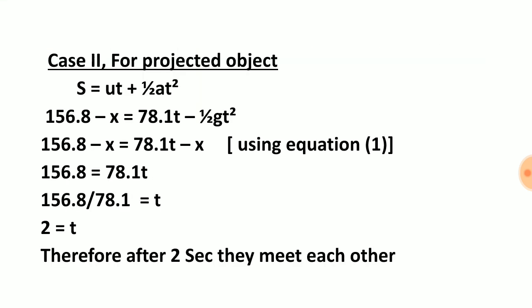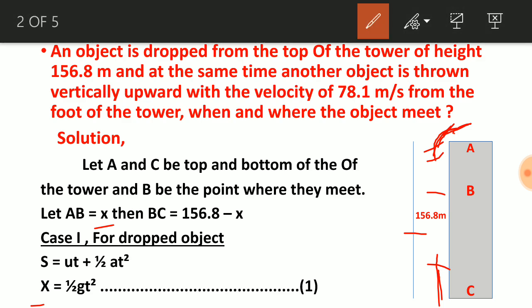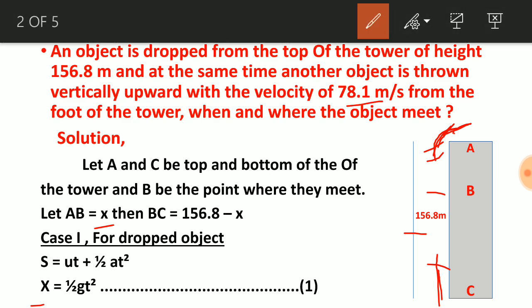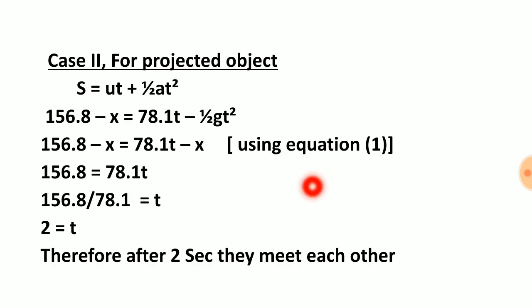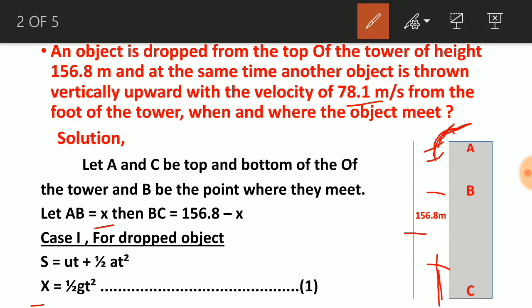Now let us see the projected body. When we project the body upward, our initial velocity is 78.1 meter per second. With that velocity we project the body up, so our formula will be the same, s equals ut plus half at square, but the distance traveled by the projected body will be 156.8 minus x, because x is the distance traveled by the body from the top, and 156.8 minus x is the distance traveled by the body from the bottom.